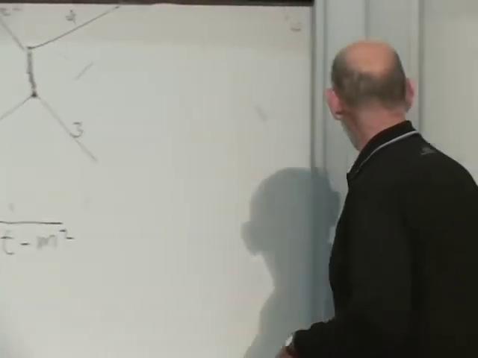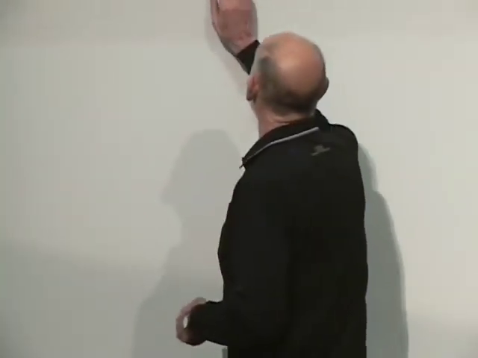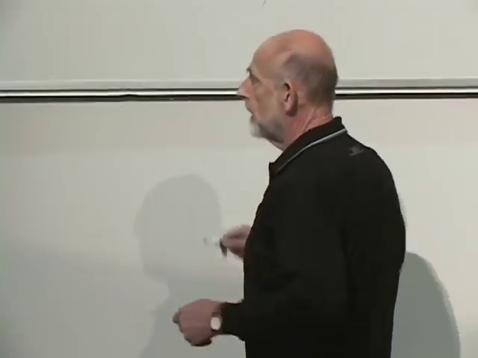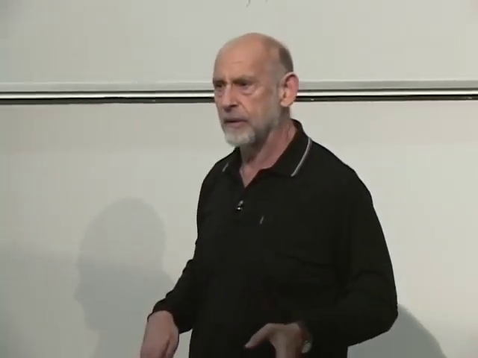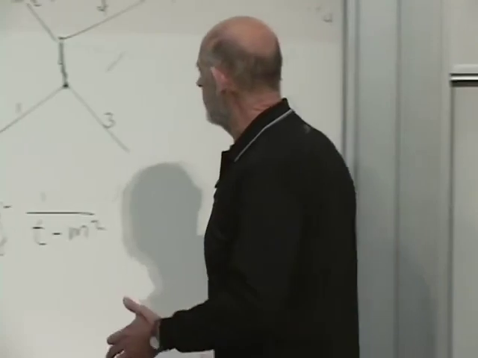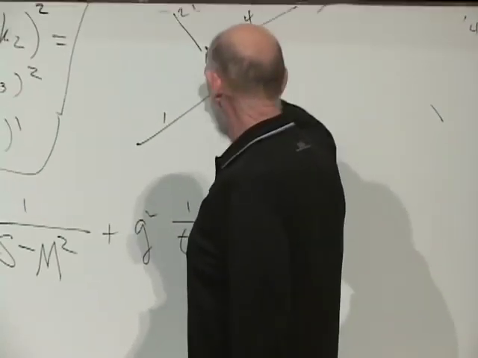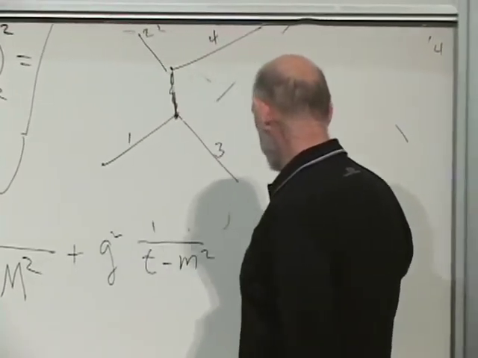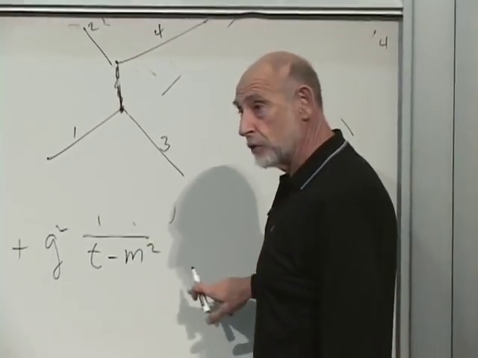Well, let's see if we can see why. I'm just asking, you have a third term. The third term is there. I didn't want to draw the diagram, but if there was a process in which 1 and 4 could come together and do the same thing, then we would want to put a g squared, 1 over t minus m squared, 1 over u minus m squared.